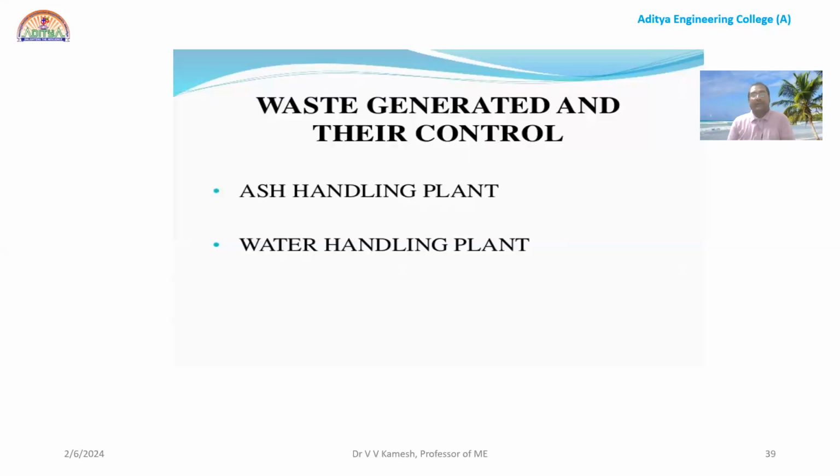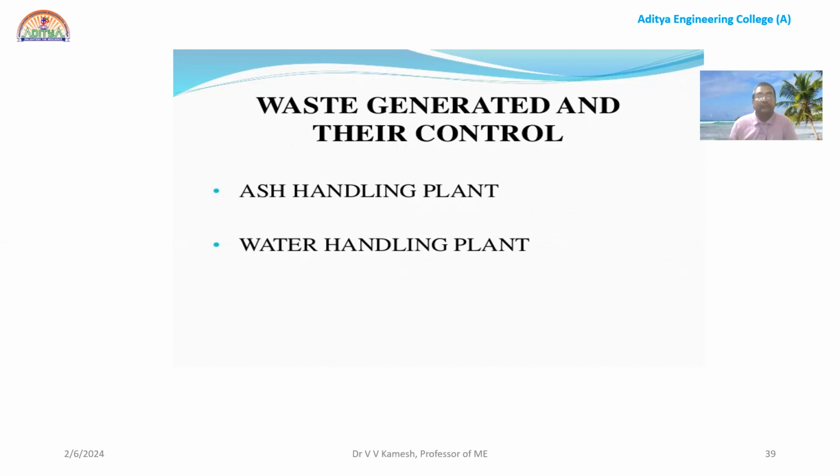And the waste generated is controlled by the ash handling plant and the water handling plant, or we can call it the water treatment plant. Ash handling means after generation of the energy, the coal is burnt and the energy removed. Finally, we are getting ash, right? So what to do with the ash? There are some waste management systems.